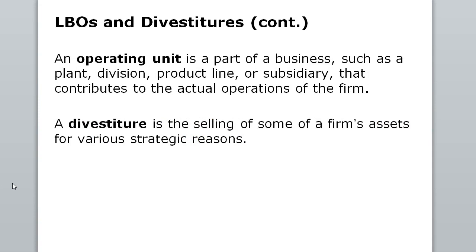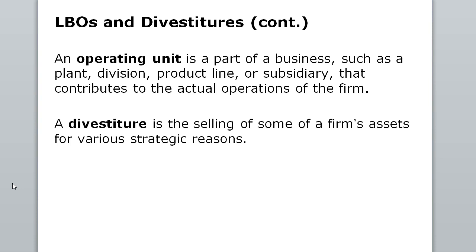Okay, so what is an operating unit? It's part of a business such as a plant, a division, a product line, or a subsidiary. It contributes to the operations of the firm, and it's just a separate operating unit that has its own structure. Now, a divestiture is selling one of the firm's assets for various strategic reasons.